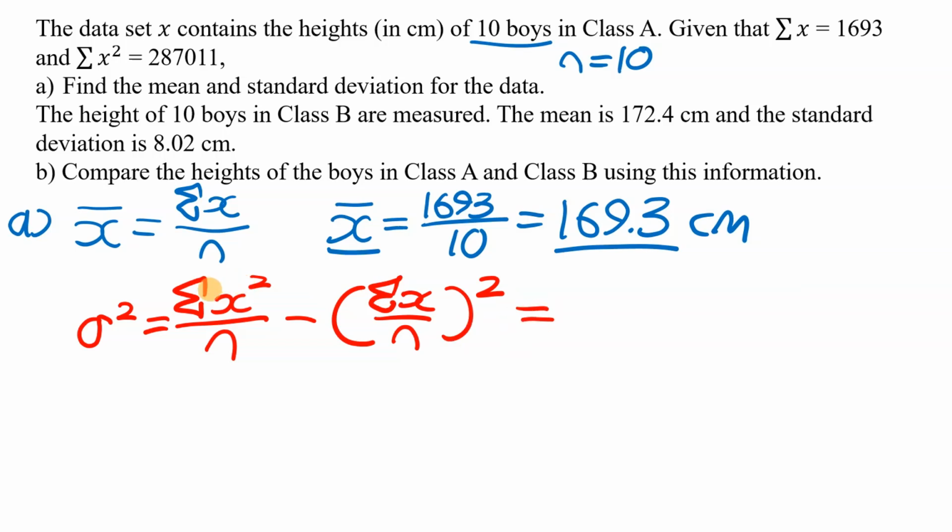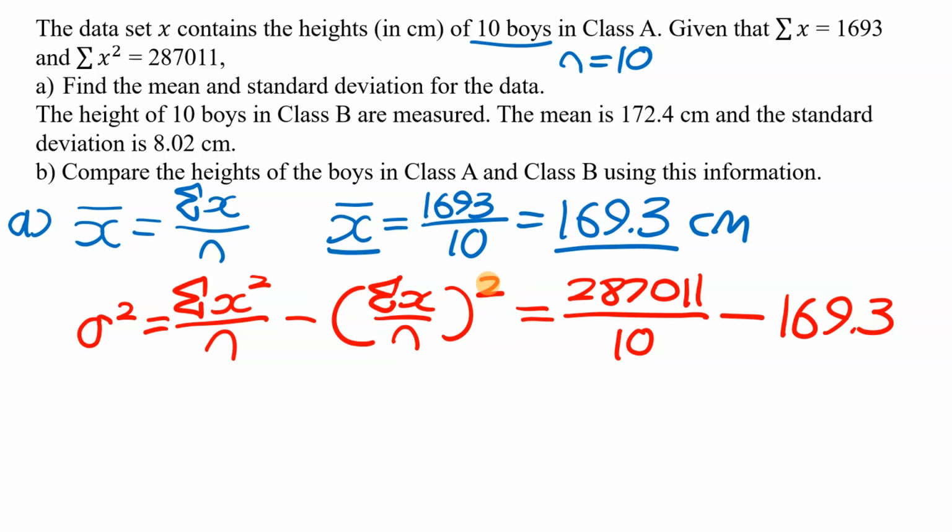So therefore here sigma x squared we're told is 287011 divided by n, which we know is 10, minus sigma x over n, which is the mean, and we calculated the mean to be 169.3, so we can just sub this in, so 169.3, and it's the mean squared.